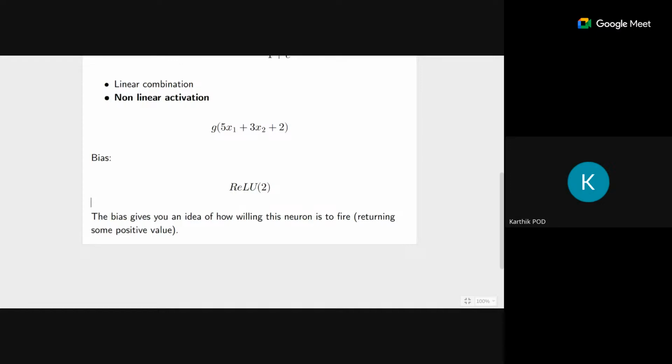By default, if the inputs are 0, the neuron is not going to fire. That's what bias 0 would mean. Bias could be negative also. If bias is negative, it means the neuron is unwilling to fire unless you give it some really strong input in the form of x1 and x2. Okay, so this is the bias.